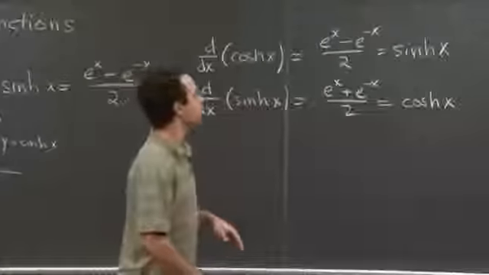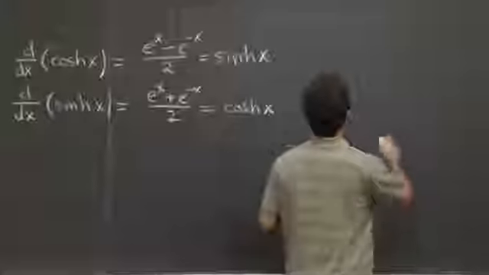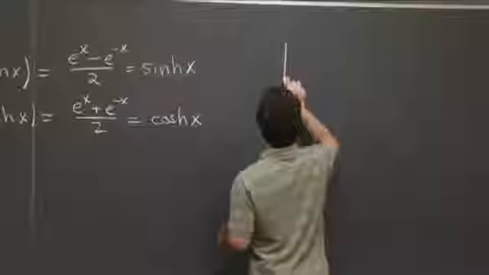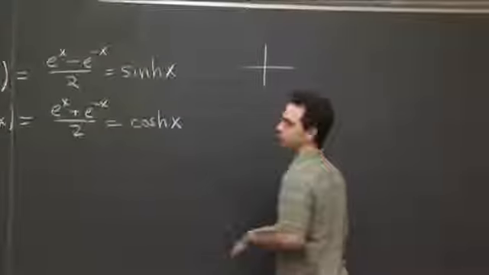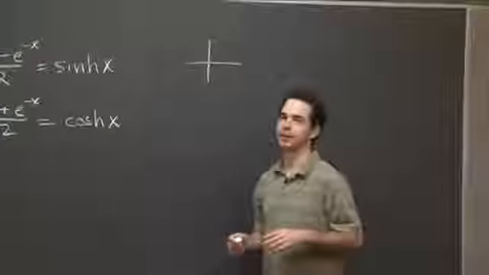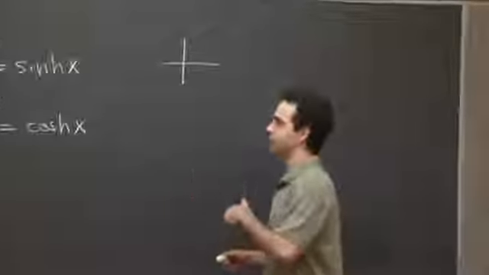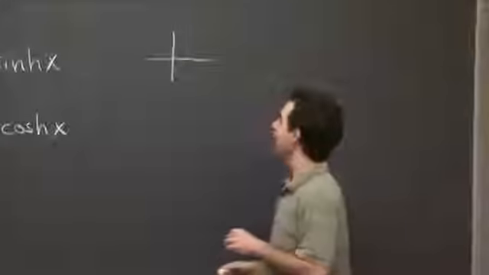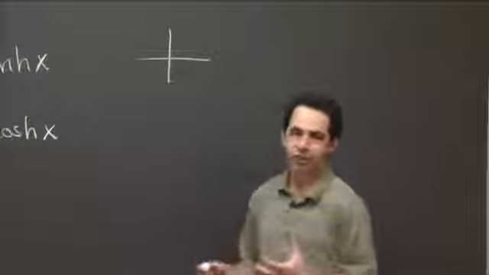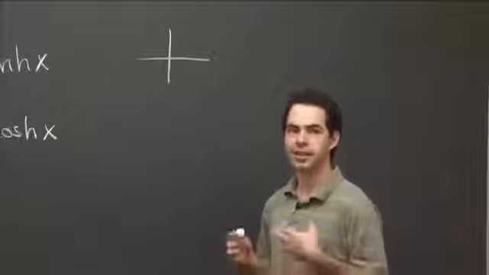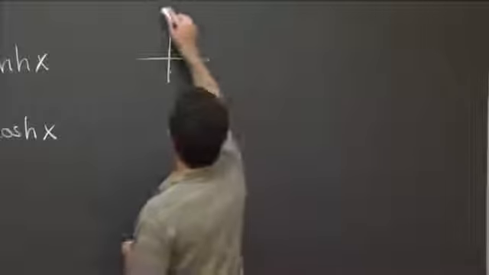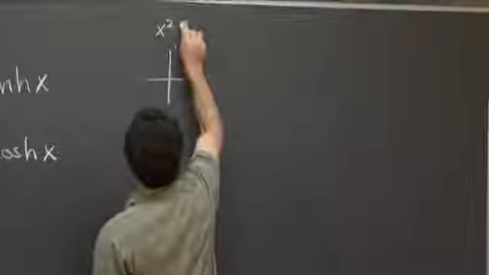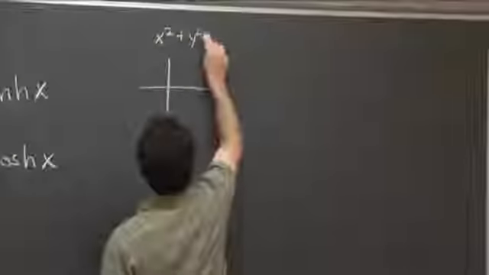bit deeper. So let me come over here and draw a couple pictures. So the normal trig functions, what we sometimes call the circular trig functions, if we want to distinguish them from the hyperbolic trig functions, they're closely related to the unit circle. So the unit circle has equation x squared plus y squared equals 1.